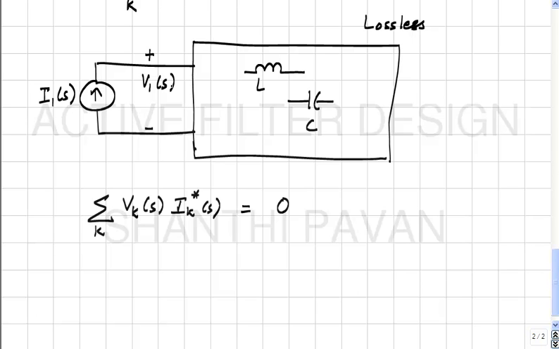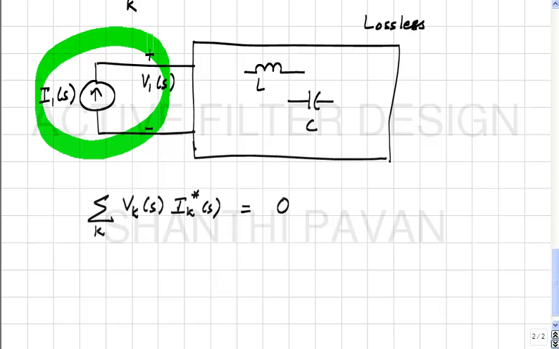Which one? This is the only branch for which the sign of Vk times I is negative, simply because I have chosen this to be a source. In other words, V1 of S times I1 star of S is the sum over all the other elements in the network, which are basically inductors and capacitors, because by construction we said the only elements in the box are inductors and capacitors.